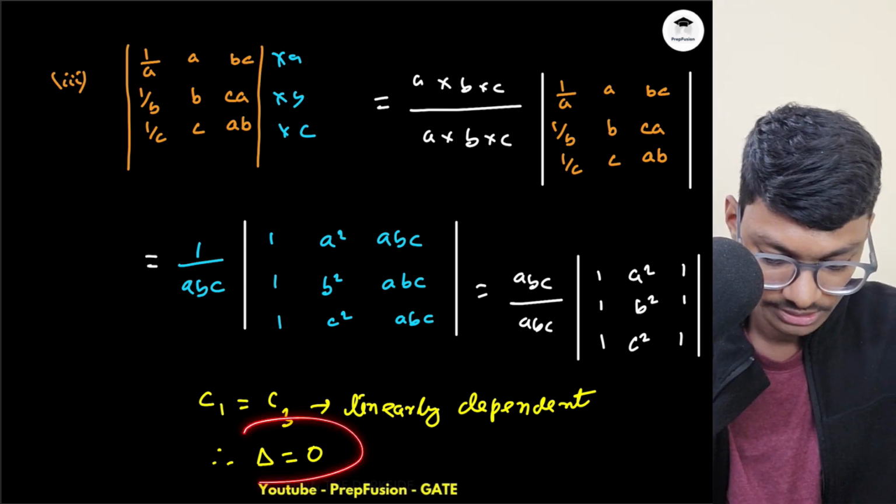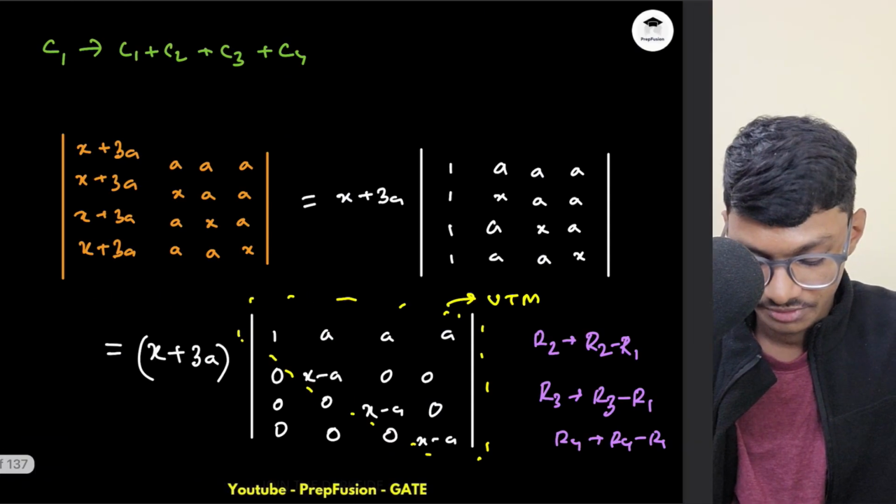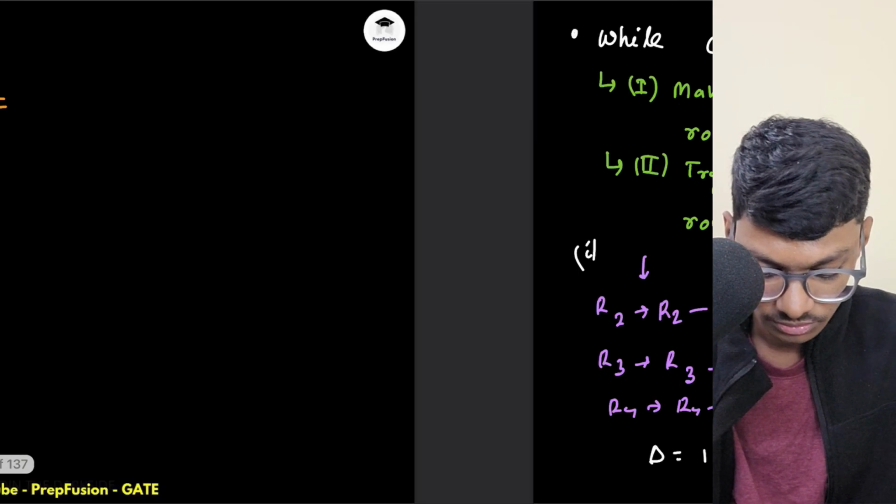Okay, so basically from here also you can say that delta is 0. Else you could have solved it in another lengthy method also, no worries.